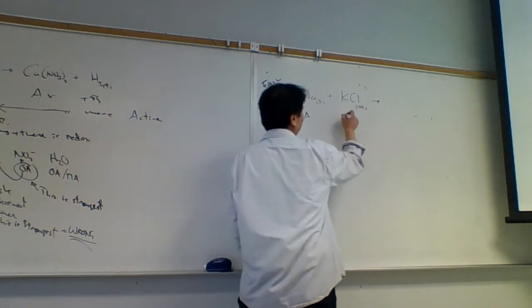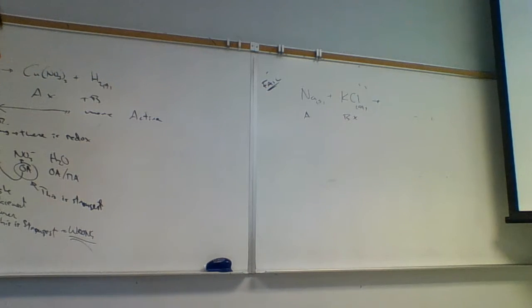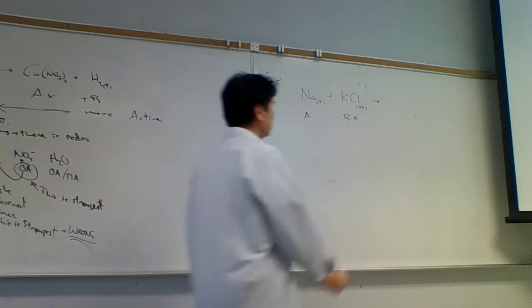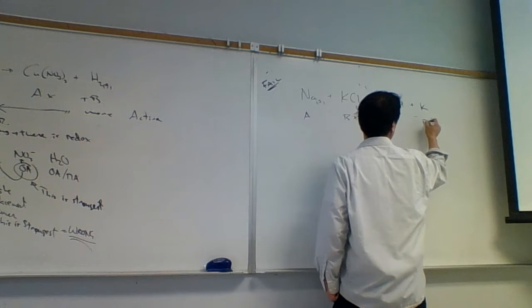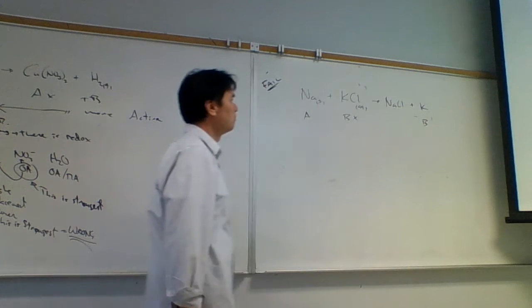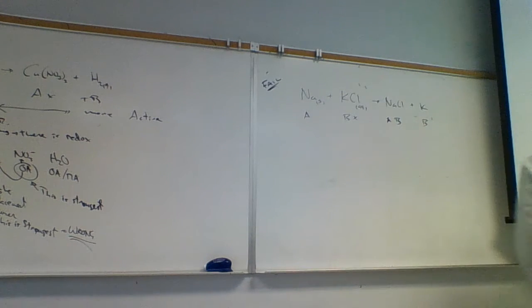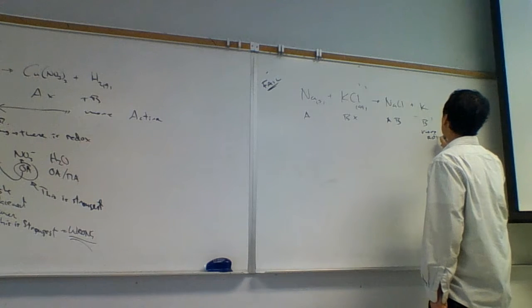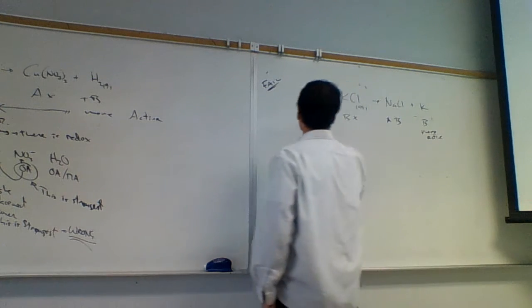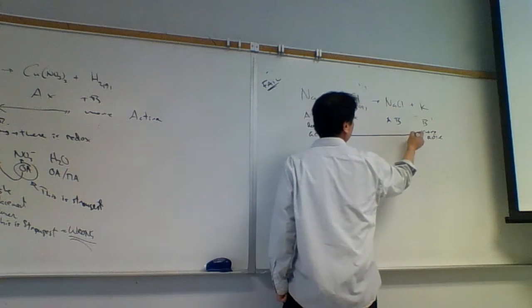If we do the A plus BX pattern, this is going to yield AX plus B, which is going to be sodium chloride plus potassium. So let's compare A versus B. Which one's more active? Looks like potassium is more active than sodium. See that? So this is more active and this is less active. If we're going from less active to more active, there should be no reaction.